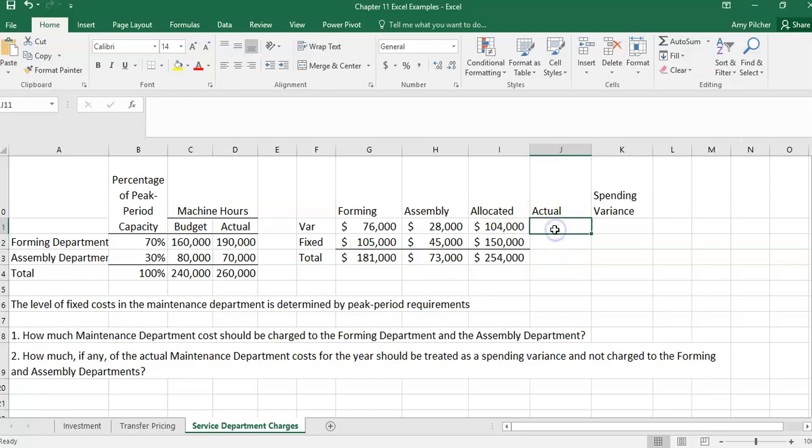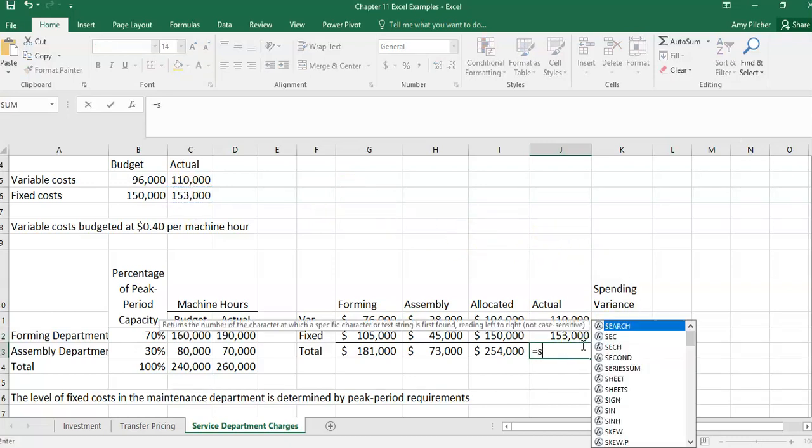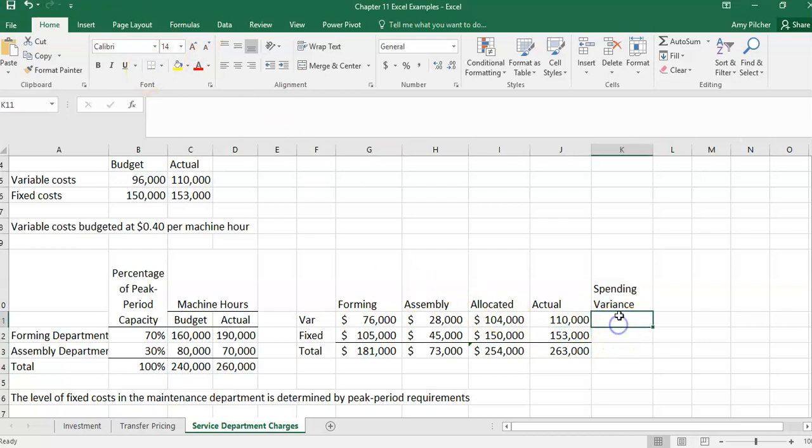And then we have our actual cost. So our actual variable costs were $110,000 and our actual fixed costs were $153,000. So we add those together. And then we look at the difference between the two.